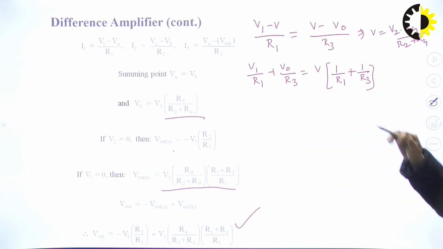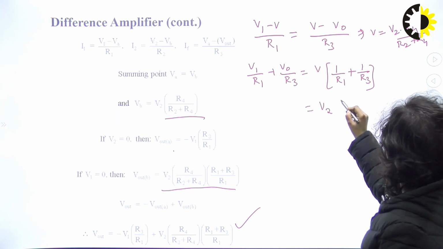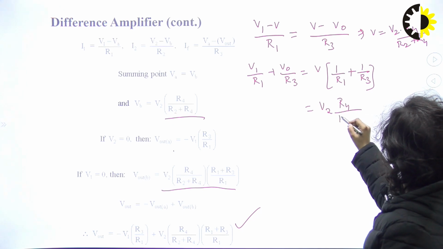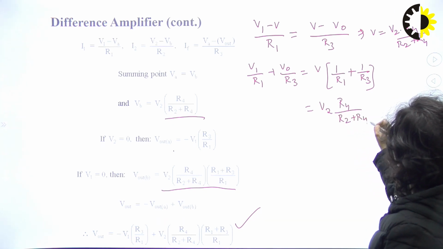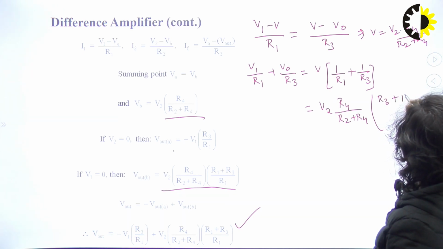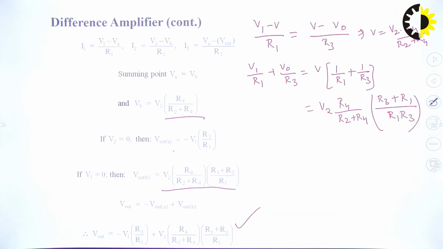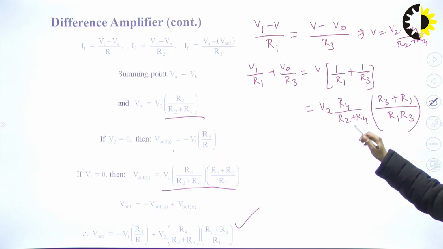Next we substitute V as V2 R4 upon R2 plus R4, and here R3 plus R1 upon R1 R3. V1 by R1 and V naught by R3 on the one side, and V into 1 by R1 plus 1 by R3 on the other side. We will solve it and substitute V2.